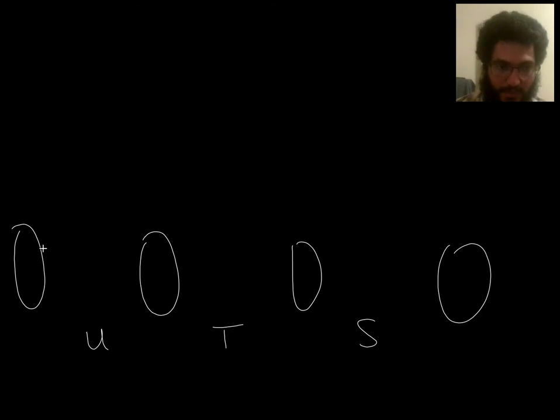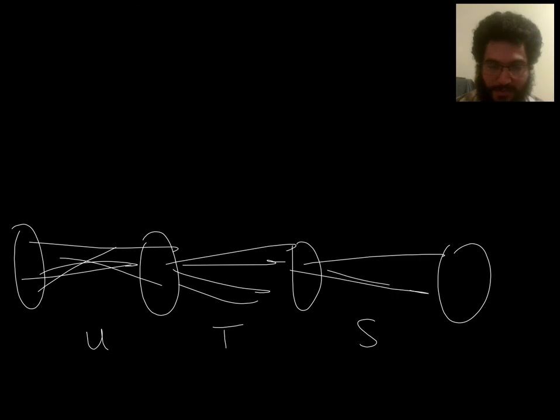U and T and S. If you take U, T, S, and you've got these blobs, and U links up things in a certain way, and T links up things in a certain way, and S links up things in a certain way, it really does feel obvious that composition would be associative.